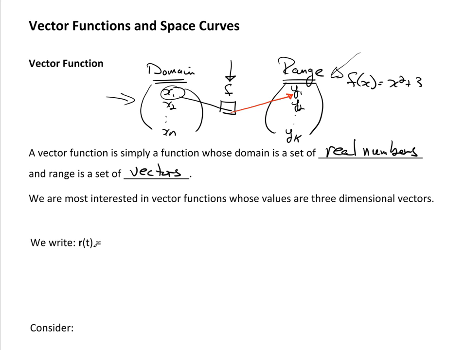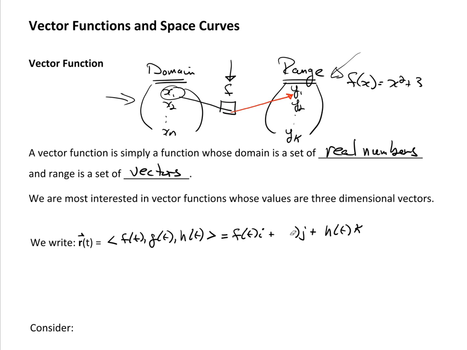Now, we write r of t, where r is obviously a vector. Now we're writing this vector as a function of t, equals, in component form, f of t, g of t, h of t, which I can write as f of t i plus g of t j plus h of t k.